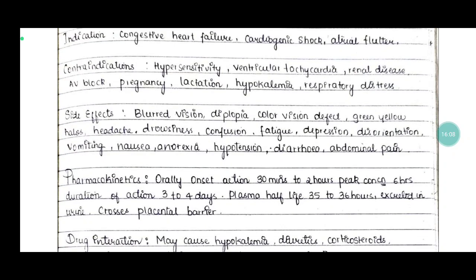And the side effects: blurred vision, diplopia, color vision defect, green-yellow halos, headache, drowsiness, confusion, fatigue, depression, disorientation, vomiting, nausea, anorexia, hypotension, diarrhea, and lastly abdominal pain.